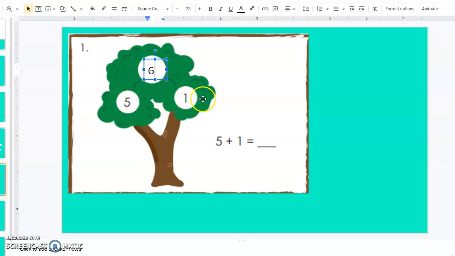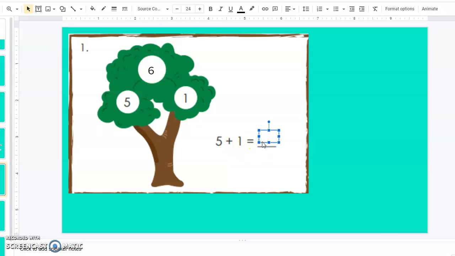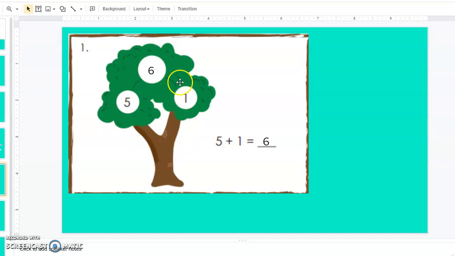And so when we add 5 and 1 to make 6, it's represented in the equation like this. 5 plus 1 equals 6. So our missing number you would fill in would be 6, and when it's represented, the equation would look like this: 5 plus 1 equals 6. So let's move on to the next one to practice.